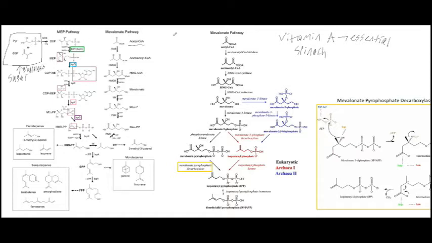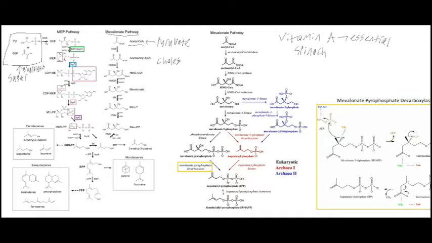So acetyl-CoA is actually made from pyruvate, which we will see in a later video, as I said, when I go through glycolysis. So this mevalonate pathway, which I'm not going to go into in too much detail because this is the pathway that's for making cholesterol as well.